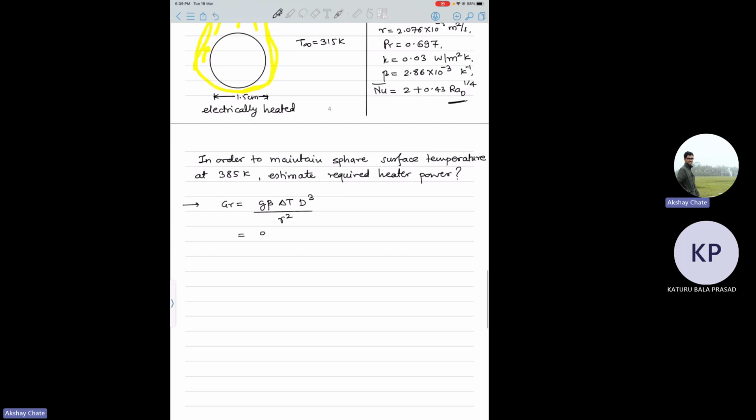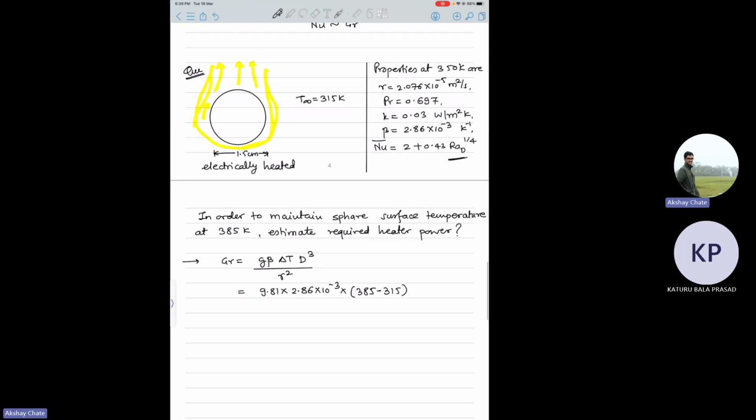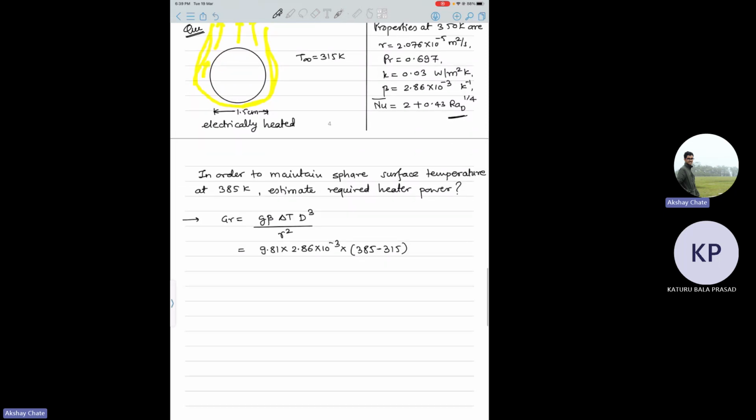So g will be 9.81, beta is given as 2.86 into 10 to the power minus 3. Delta T will be 385 minus 315. Correct, no? Yeah. And the diameter is 1.5 centimeter, so we need to take the cube of that: 1.5 into 10 to the power minus 2, cubed.